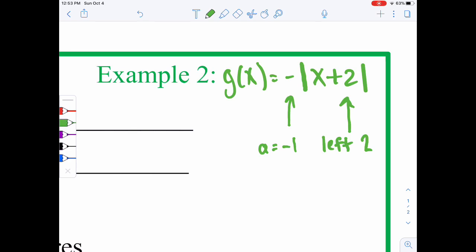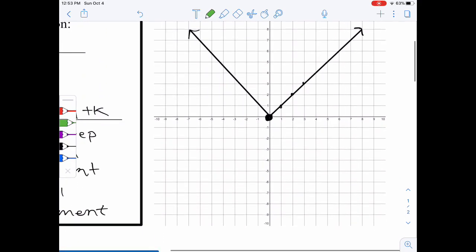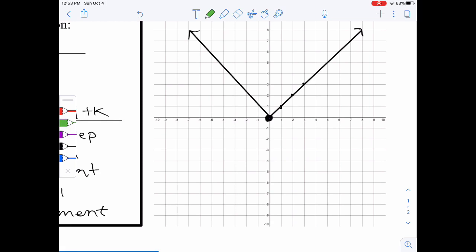So it's the exact same graph as our parent function, except it's reflected and left 2. So let's go ahead and graph it. It's reflected and left 2. So its vertex will now be here, and it's reflected over the x-axis.